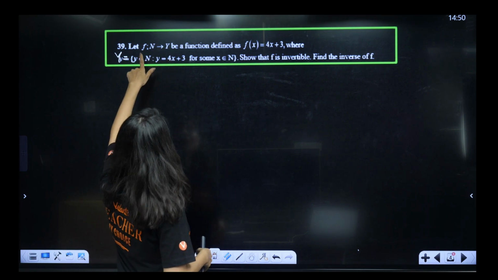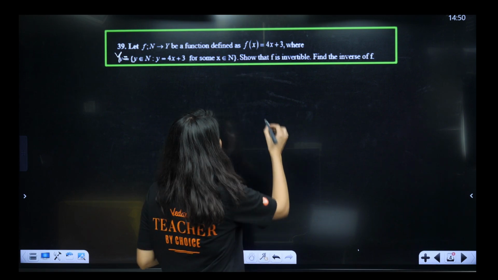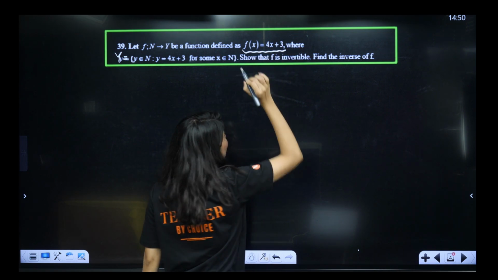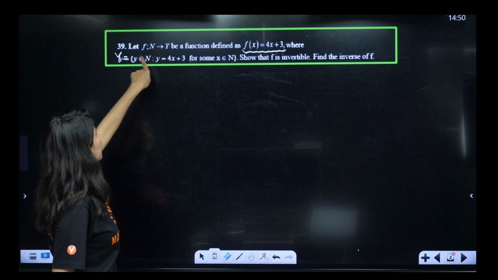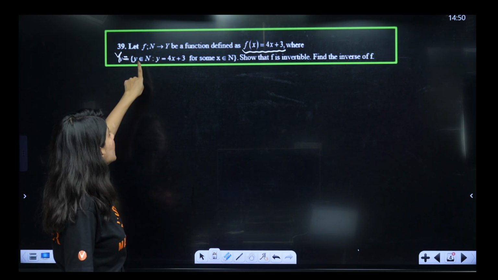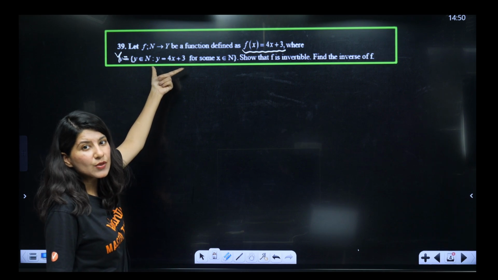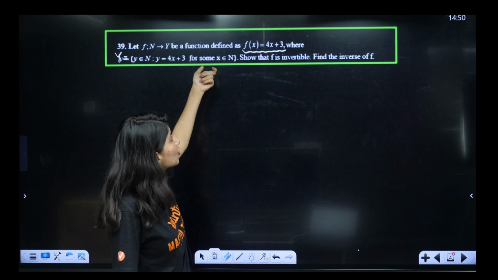So f is a function from N to Y defined as f(x) = 4x + 3, where Y is the set of natural numbers y which satisfy y = 4x + 3 for some x belonging to the natural numbers.